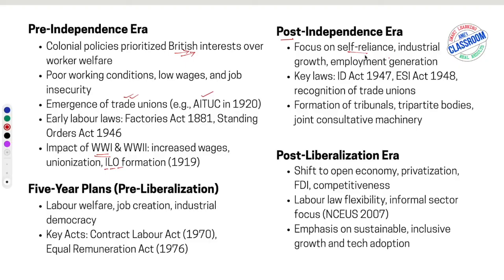So, what they did at that time, they rolled out a bunch of labor laws and institutions. The Industrial Disputes Act of 1947 helped manage conflict between workers and management. Industrial tribunals were set up to solve disputes. Employee State Insurance, ESI, came in to provide social security. So, if a worker broke a leg, they did not have to break their savings also.